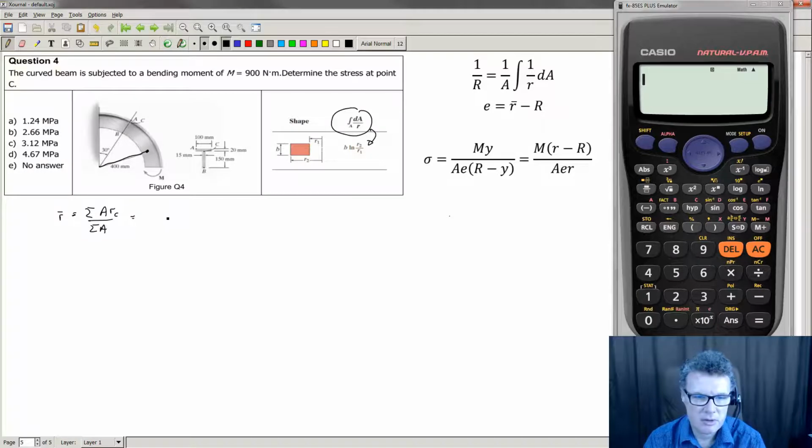So its area's got a 15 millimeters, a depth of 150. What's this RC? Well, it's going to be 400 plus half this distance from here to here, so that will be half of 150, 75, so 475.